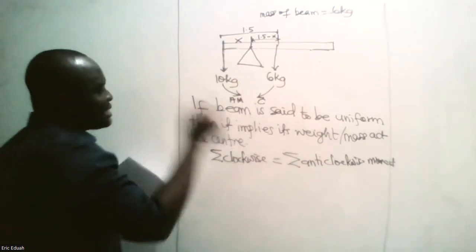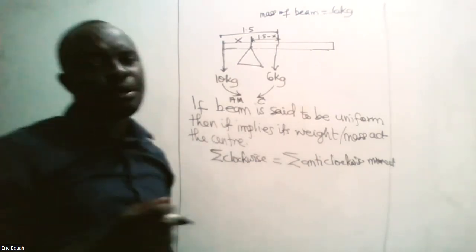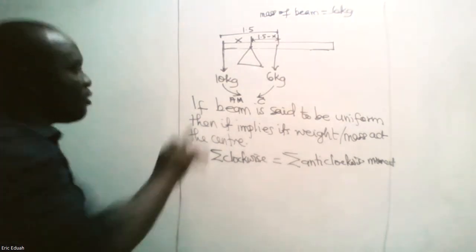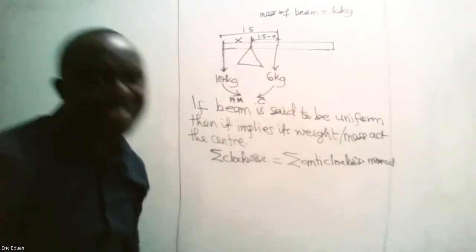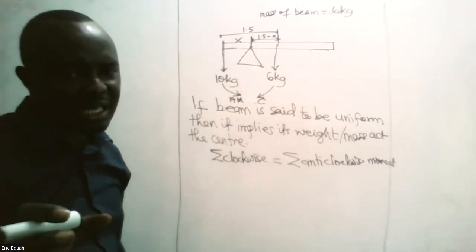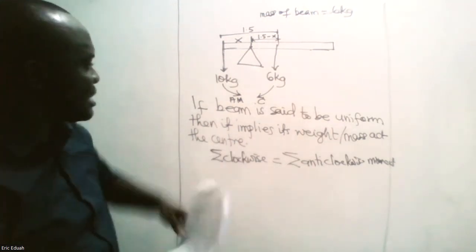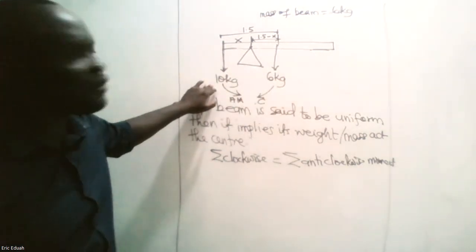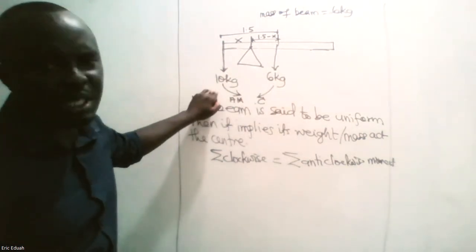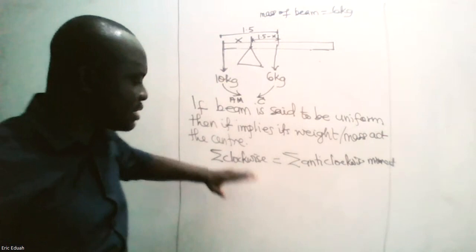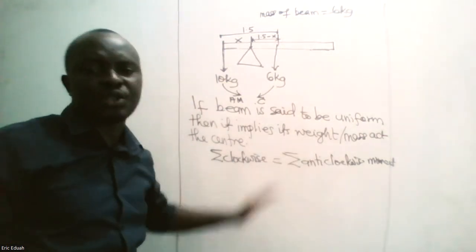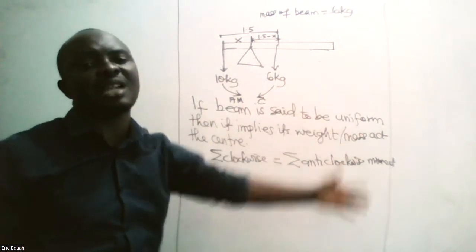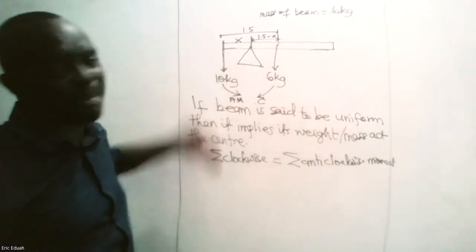Moment is force times perpendicular distance. Here we can still have it as mass times perpendicular distance, because to convert this to weight, you have to multiply by 10 meters per second squared. But because it's an equation, the acceleration due to gravity g would cancel out and it will boil down to the masses.